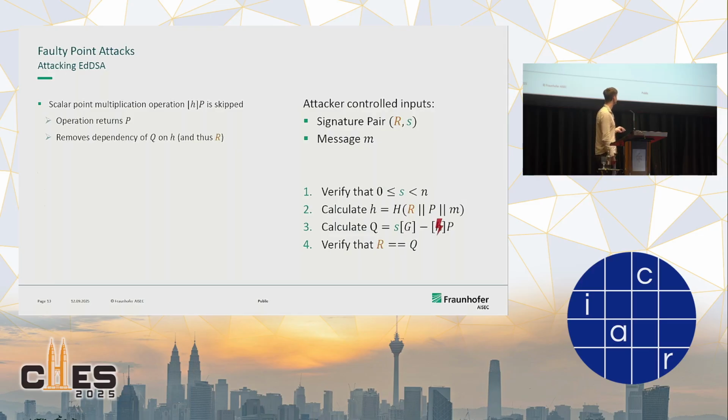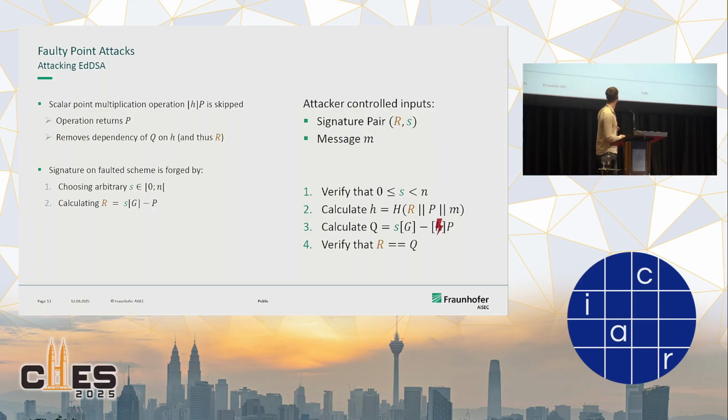The fault is basically going to be that this multiplication doesn't happen at all, and that just this point P is returned. To now forge our signature in the scenario where we've introduced that fault, we just choose some arbitrary value for s, and then we can already see that there's not much left here.